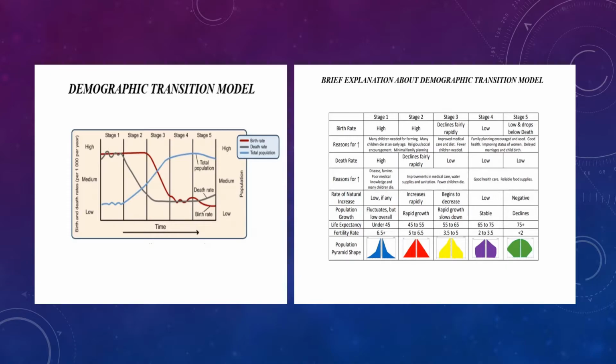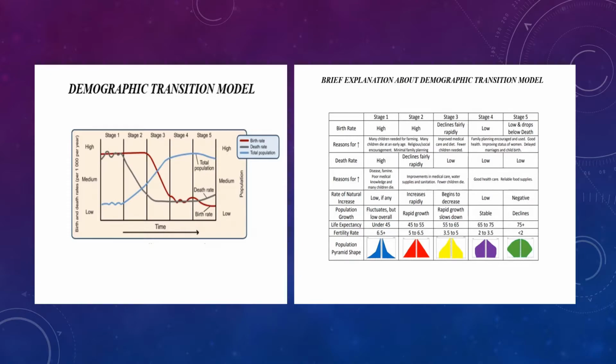Reasons for the high death rate are diseases, famine, poor medical knowledge and many children. Rate of natural increase is low. You can see in this diagram by this sky blue line that the natural increase in the growth is very low.